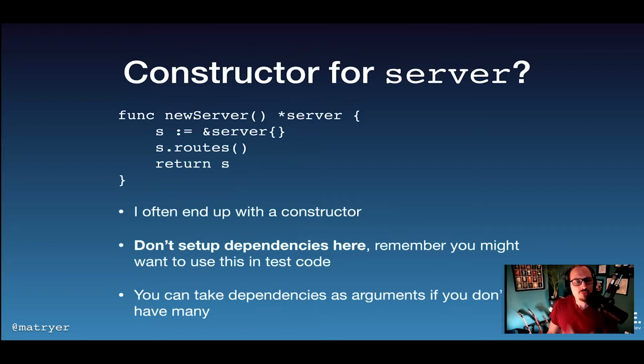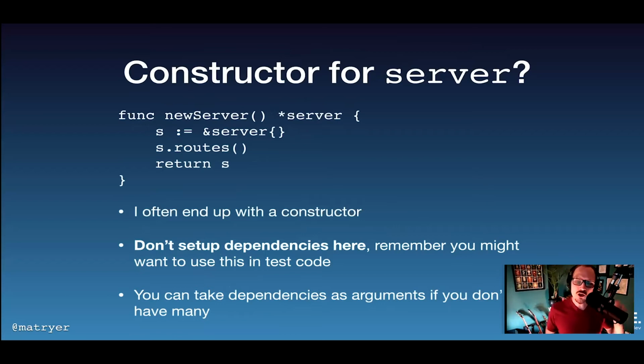I don't generally like constructors in Go because they can hide what's going on a little bit. But I always end up with a constructor when I'm writing these kinds of services. That's because I usually want to do some things that have to happen every time, like set up the routes in this case.